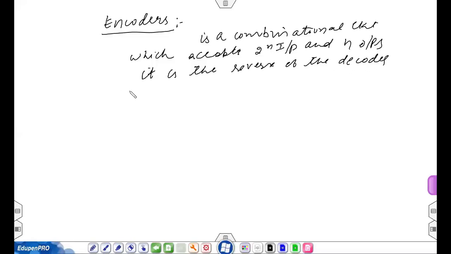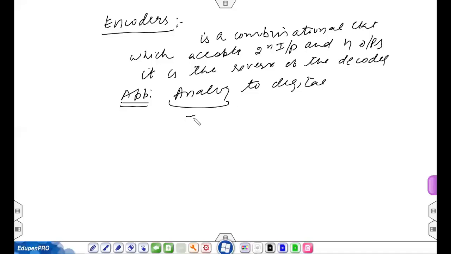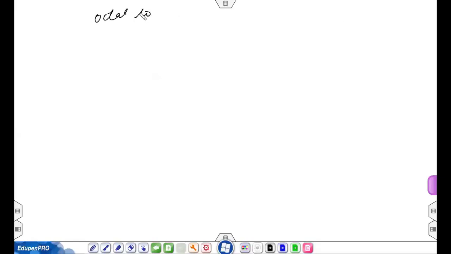There are many applications of the encoder. One of the applications is analog to digital. Suppose you are giving any input, like I am giving 7, my output will be 111. So this is the application of the binary encoder.